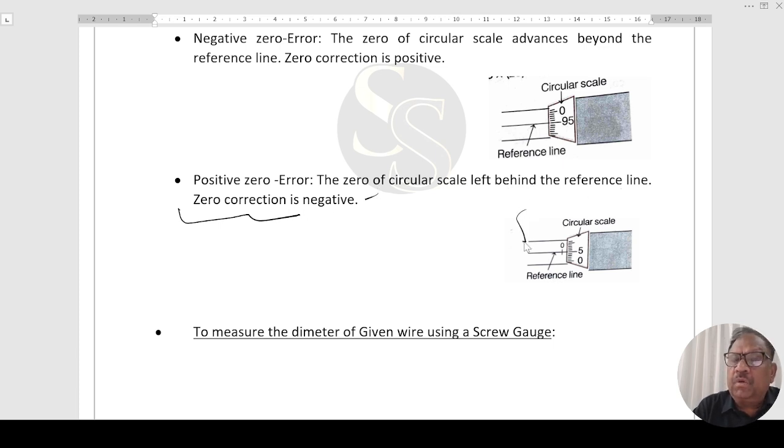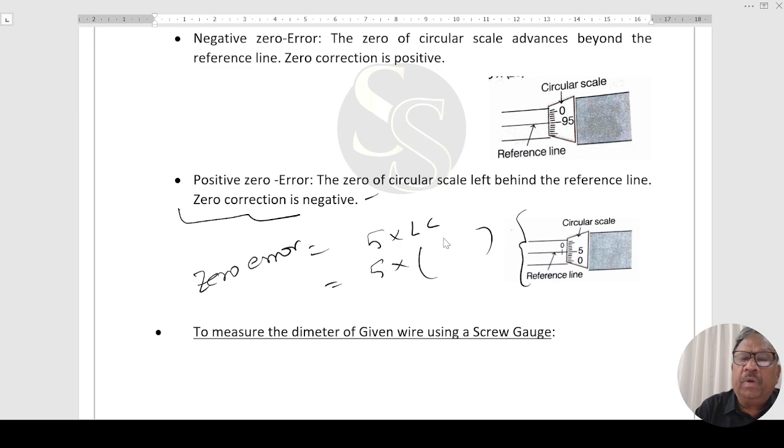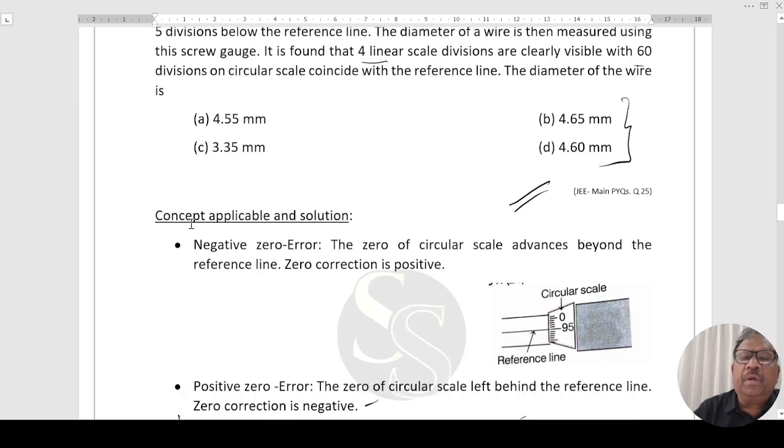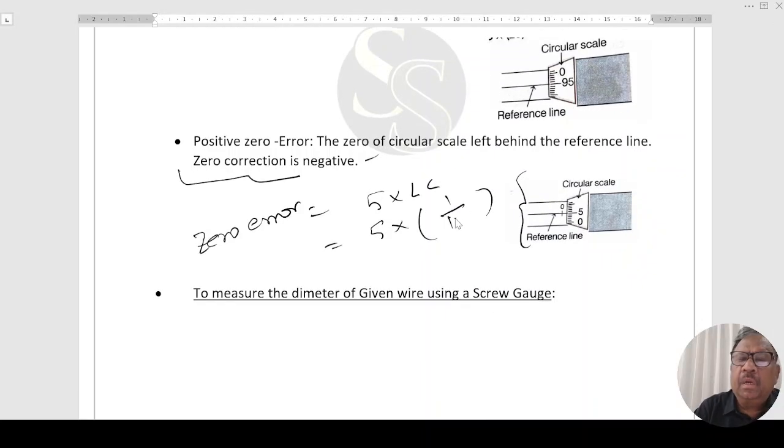Zero error is 5 into least count. 5 into least count will be 5 into pitch upon number of circle divisions, that is 100. How many mm will it be? That comes out to be 0.05 mm. This is the zero error.